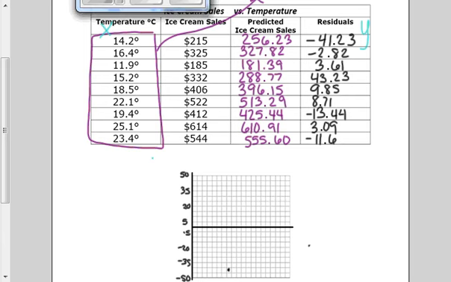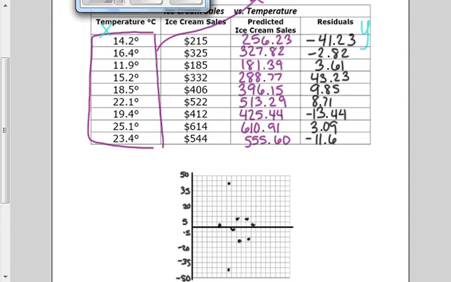We do the same thing for 16.4 and negative 2.8. So 2, 4, 6, 8, 10, 12, 14, 16. And that's about where our point goes.